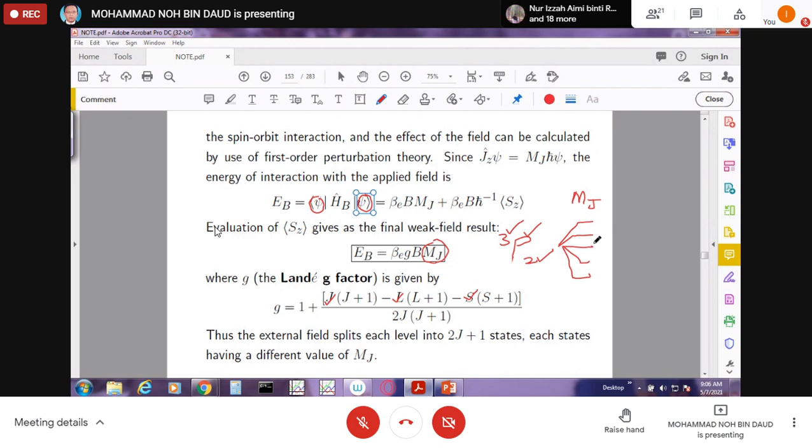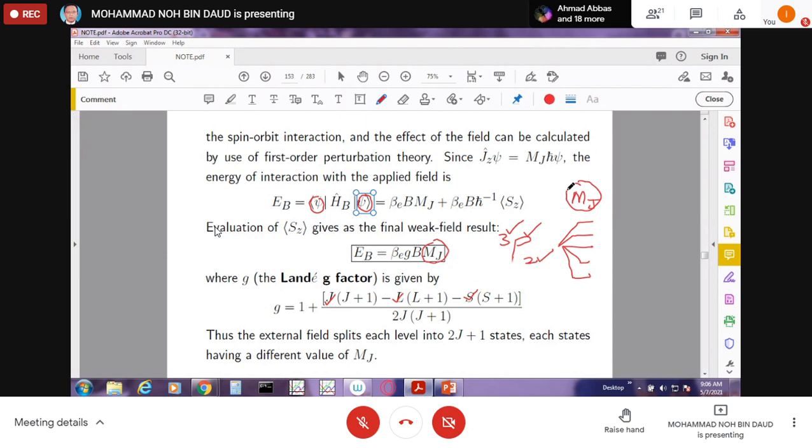The J here is 2, so it will split into 5 different states, 2J plus 1, 2 times 2 plus 1. Each has a different value of MJ.